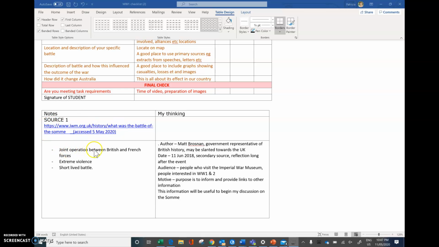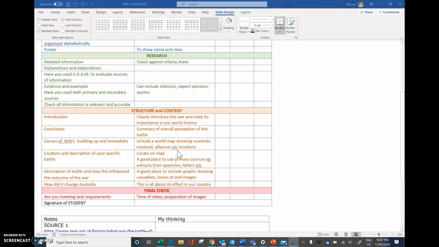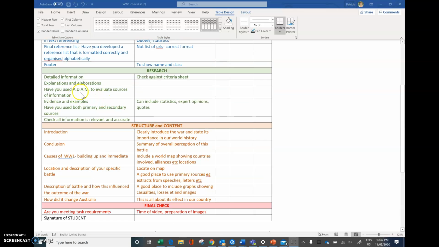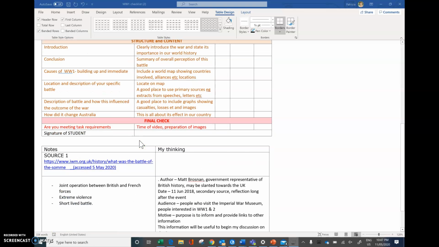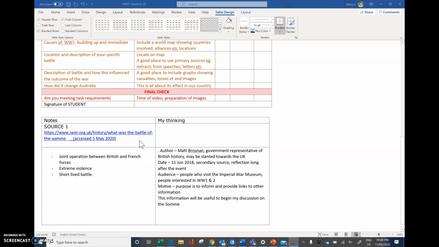Then you're putting your notes in here. I've only just started. I'd probably write more notes than that. Then up here, you were actually told to use ADAM to evaluate sources of information. Now, I hadn't actually mentioned ADAM. I'd been talking about where you're going to use it in the speech. Is it a primary or secondary source, etc.?